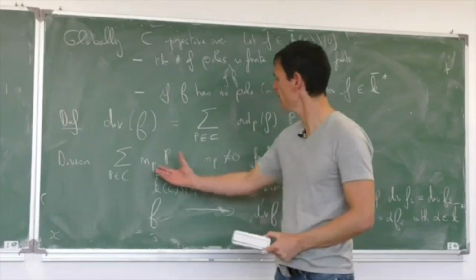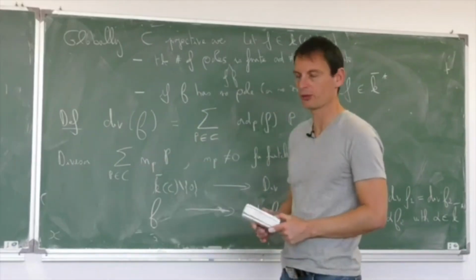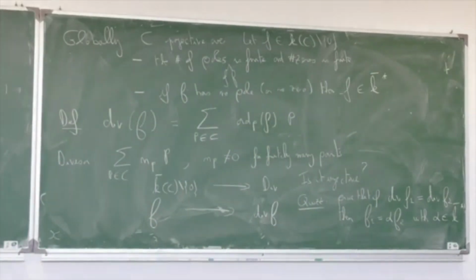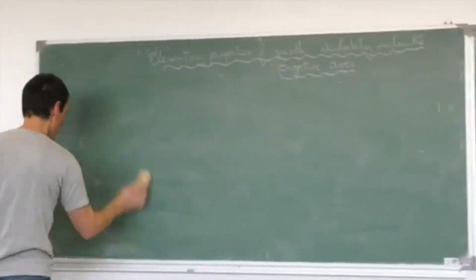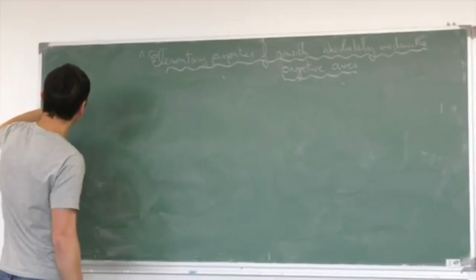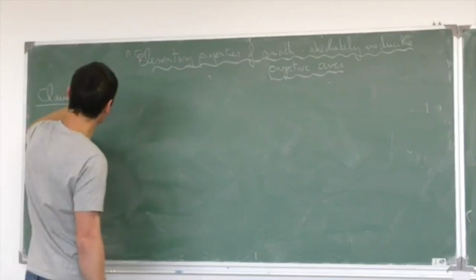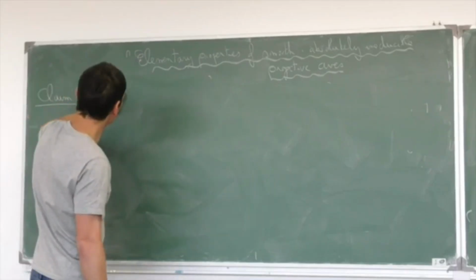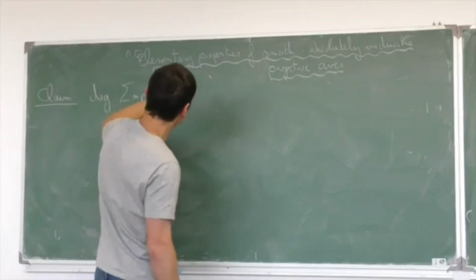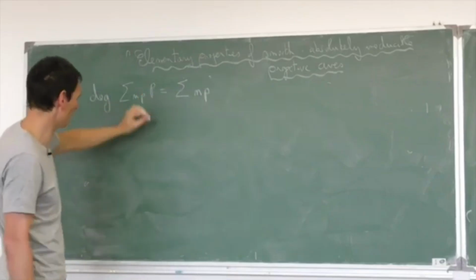Is it surjective? Can I obtain any formal sum of points like this as a divisor of a function? That's the other direction. And the answer is no. Another claim is that if I compute the degree of a divisor, which is the sum of the n_P, this is the definition.